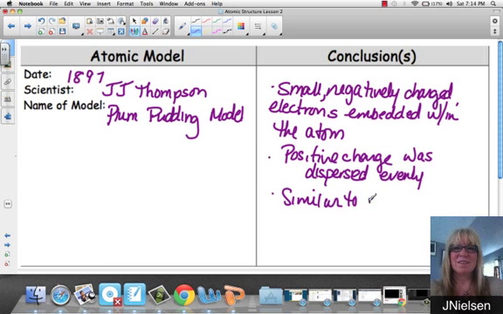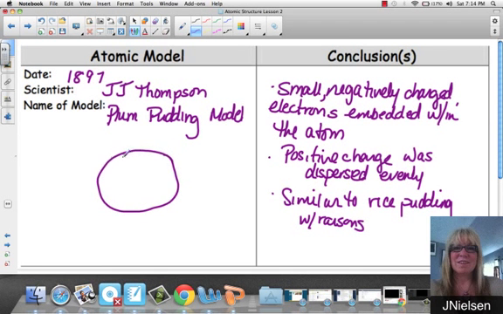Similar to, I'm going to put rice pudding because I think you're more familiar with that than plum pudding with raisins. So if we were to draw a picture of that, here's our atom. This is all positive. All of this is positive. And then your electrons were embedded in it.